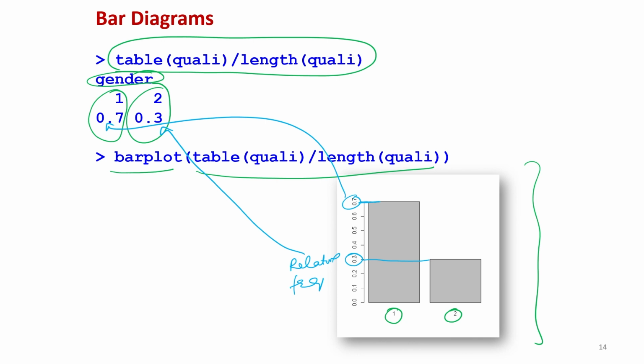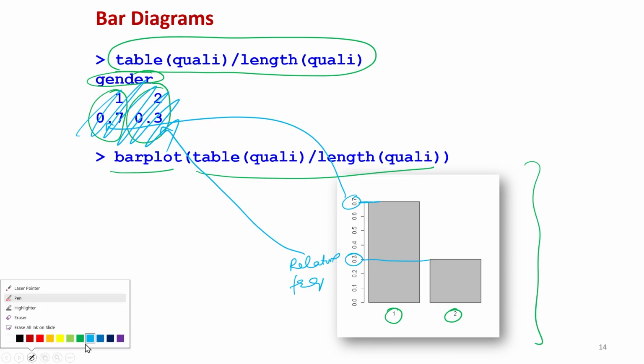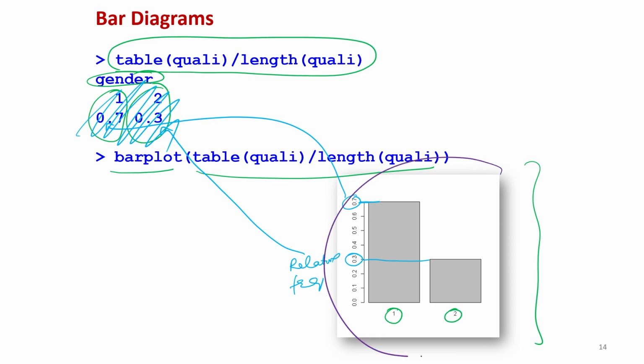Right. So once again, in case I hide the information given by the frequency distribution, and I ask you to look only at this graphic, then this graphic is trying to give a different type of information: there are two categories. Category 1 has a relative frequency 0.7 and category 2 has a relative frequency 0.3.